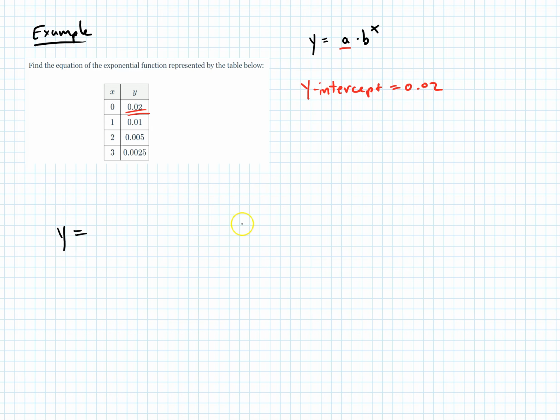So our equation is going to be y equals 0.02 times, and now we need to find the multiplier. Okay, so let's look at the table. 0.02 times something is 0.01, and then times something else is 0.005, times something else is... So this one's a bit harder. So let's go to the alternate method to find our multiplier.